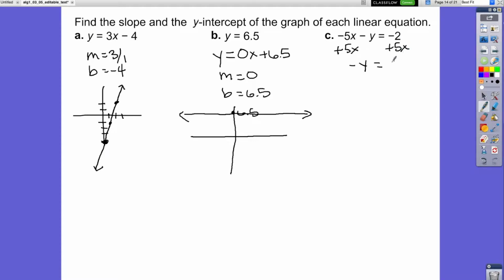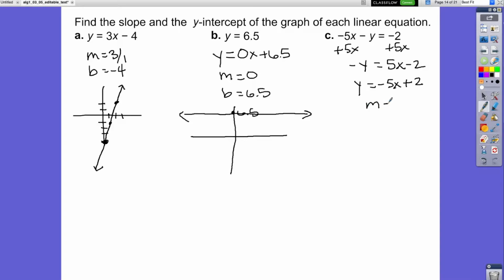I'm going to scoot this over. 5x minus 2. Now, is it in slope-intercept form yet? No, because there's a negative here. So I'm going to multiply the whole thing by -1, or divide by -1, or just change the signs. Y equals negative 5x plus 2.